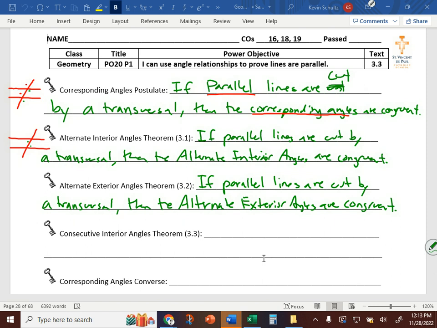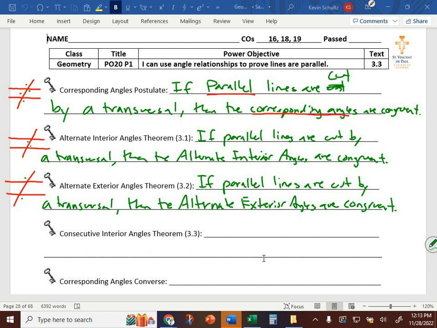That is the alternate exterior angles theorem. Yes, way to make a conjecture. Well done, Damien. Where might I find alternate exterior angles? Ellen. Yes, outside of our parallel lines on the exterior, and they are on alternate sides of the transversal.